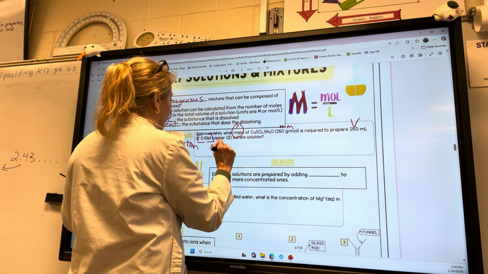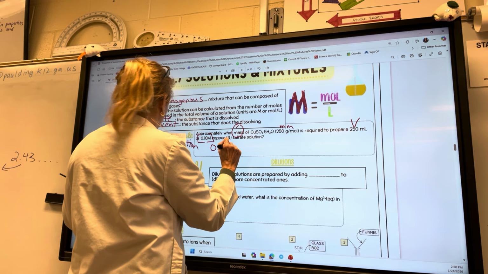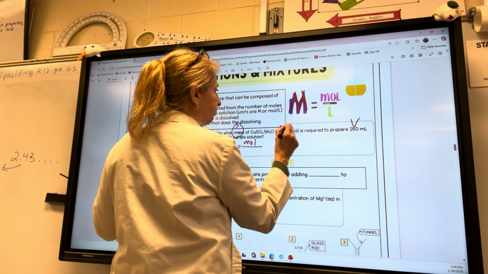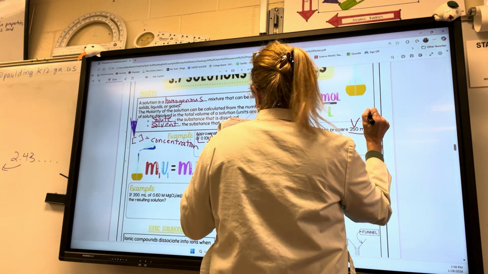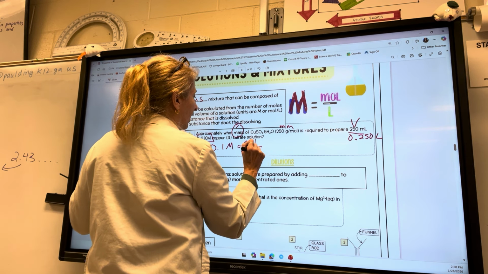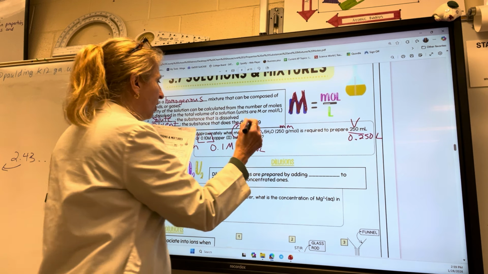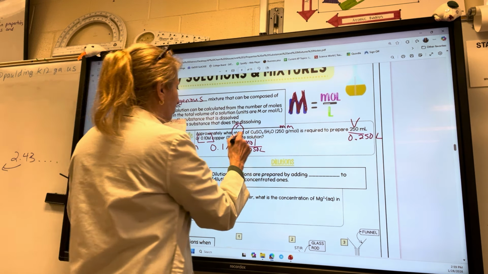For our molarity, 0.1 is our molarity, equal to moles divided by liters, and when this is milliliters, it needs to be in liters, so that's 0.250 liters. Now do that little math: 250 grams per mole times 0.0250 moles.